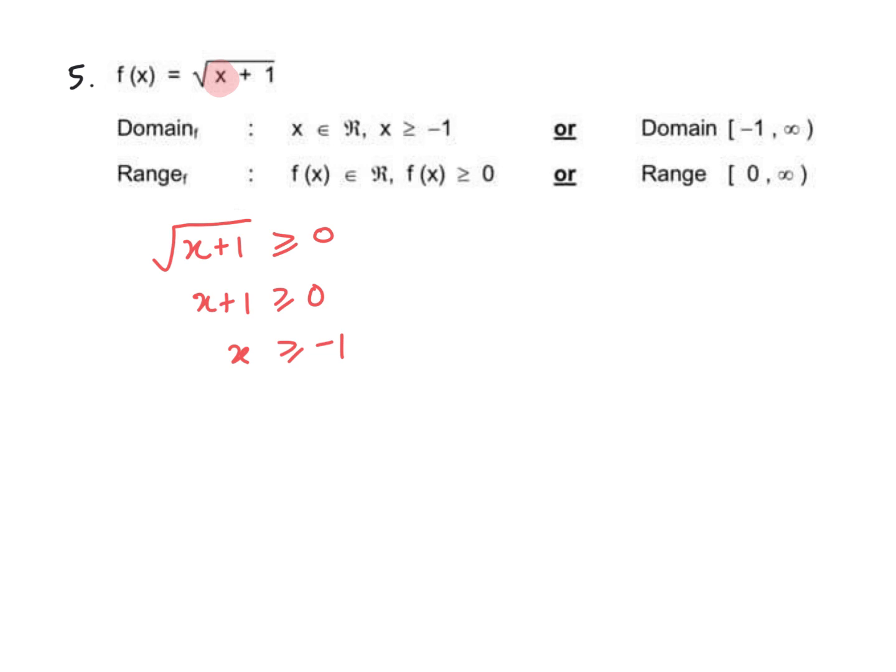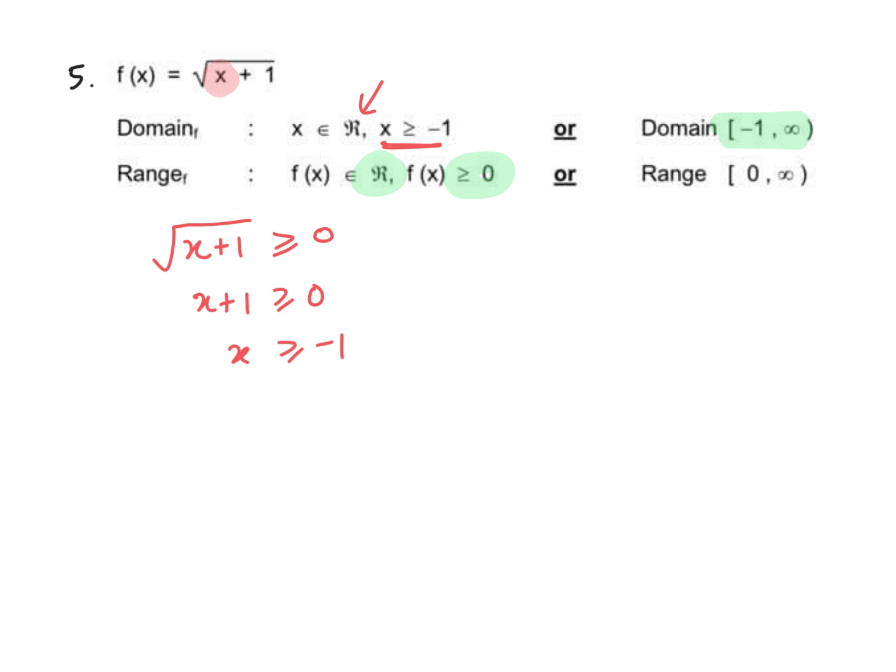Therefore, the domain can take any real number where x is greater than or equal to negative 1. In interval notation, for the domain, it is negative 1 included until infinity. For the range of f(x), it is elements of real numbers where f(x) is greater than or equal to 0.